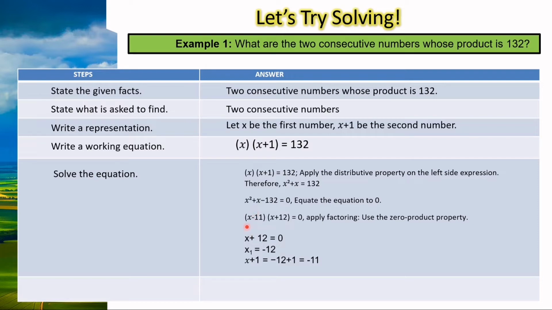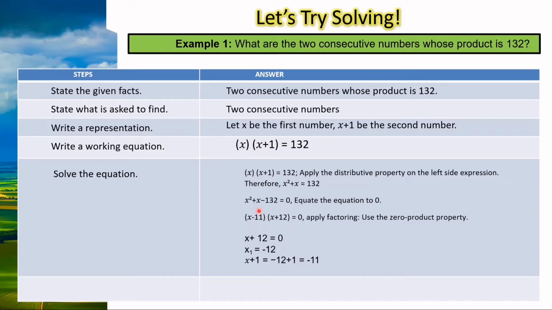And those are 12 and negative 11. If you multiply negative 11 to positive 12, the result will be negative 132. And adding negative 11 and 12, that will result to 1.